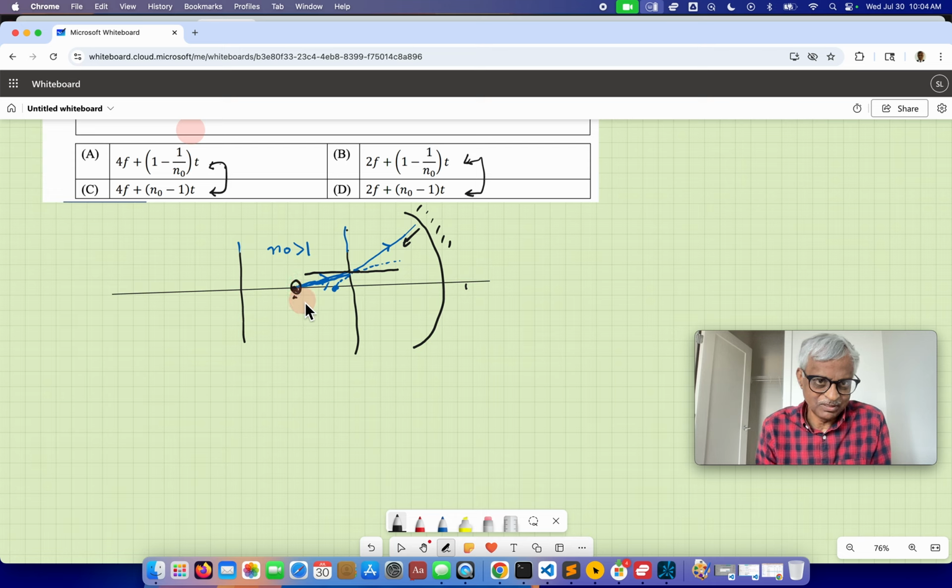So this object and image will be the same. This ray will go back like this and back like this, if that was the case.